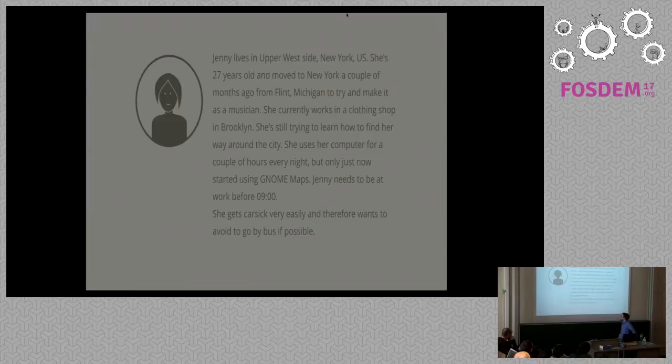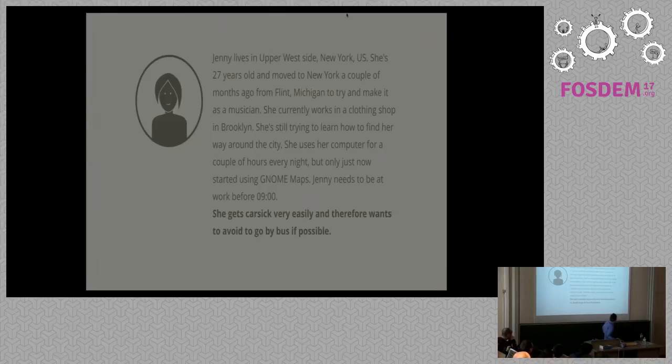But most importantly, she gets car sick very easily, so she wants to avoid going by bus, and that I lifted directly from this friend of mine. And the friend that mentioned the car sickness was not the only one. That also happened to another person, but she was the one that had it most severe.